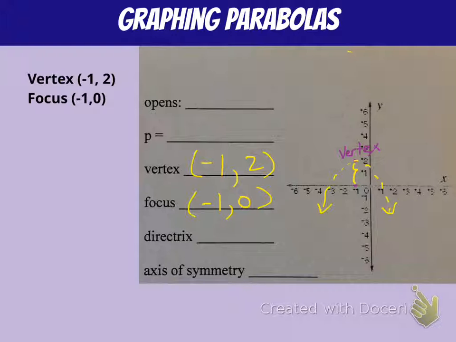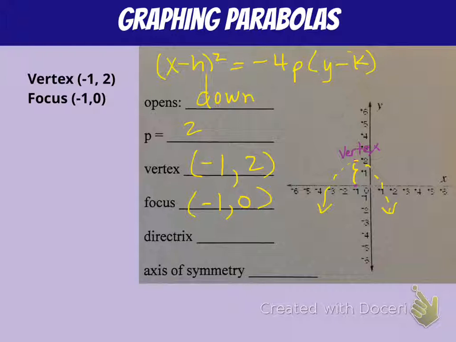It's 2 steps between the focus and the vertex. So I know p is 2. I know it opens down. Therefore, I know this is going to be a negative form of the x equation. Do you remember it? (x minus h) squared is equal to negative, because we know it's turning down, 4p (y minus k).